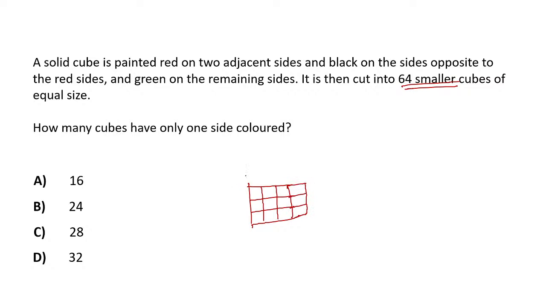So it will be like this. 1, 2, 3. 1, 2, 3. 1, 2, 3. And again here 1, 2, 3, 4. Here again 1, 2, 3, 4. Done. This is how it actually looks.